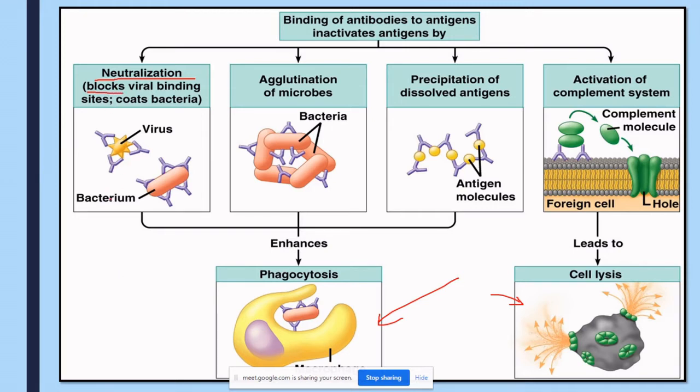We block the sites on the surface, coat the surface of the bacterium, and it is just neutralizing. Whatever antibodies are doing, in all cases they are enhancing phagocytosis. Now, if neutralization happened, there is no complex formation. I hope this is very clear.